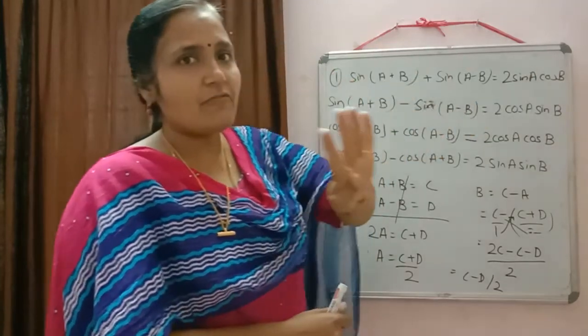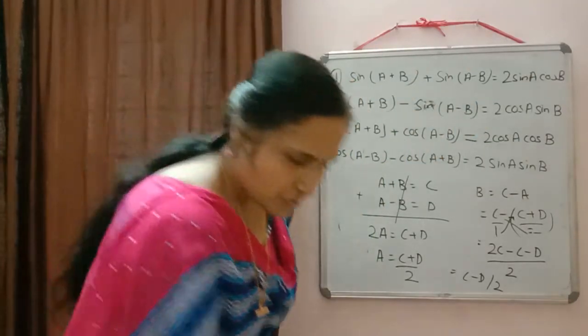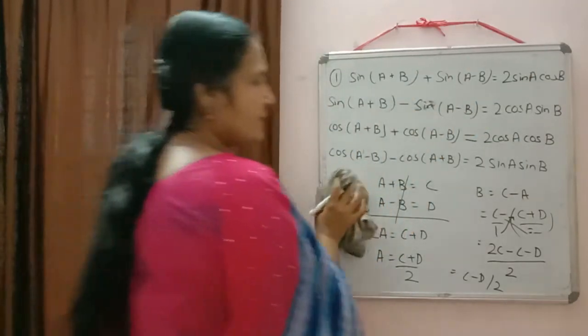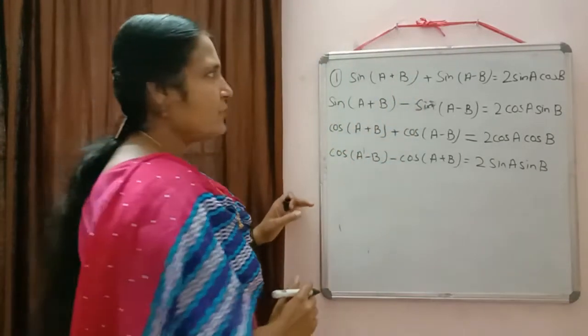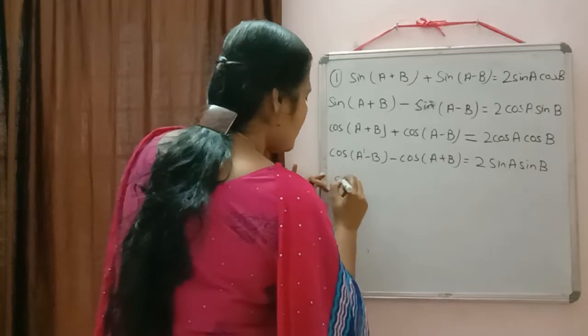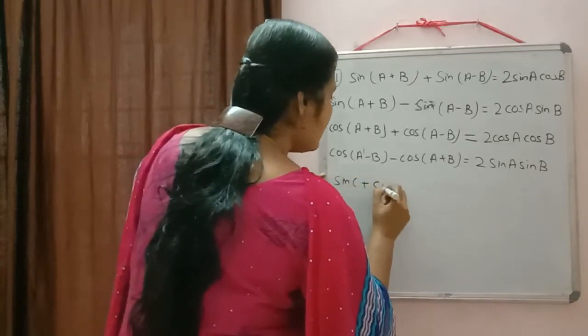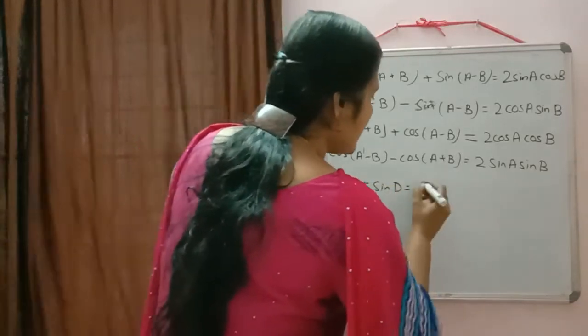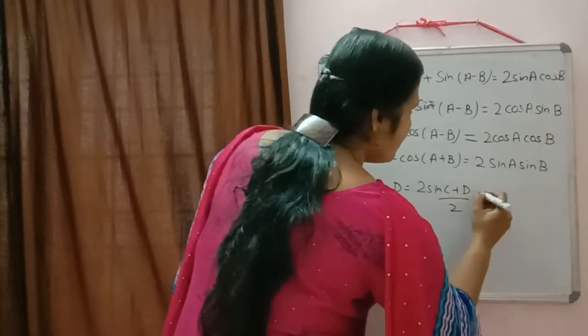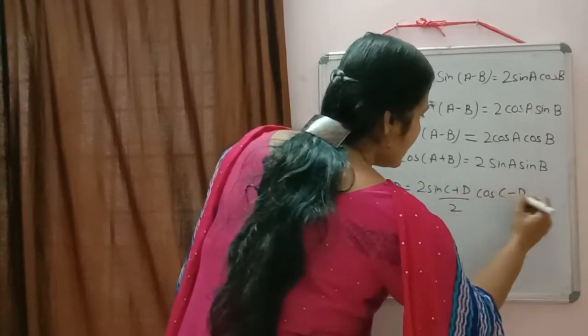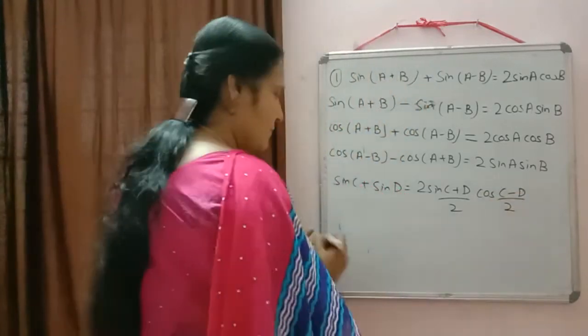So again we got 4 formulas. I am directly writing those formulas here, because I have already sent you the explanation in the notes. The first formula will become sin C plus sin D is equal to 2 sin (C+D)/2 into cos (C−D)/2.